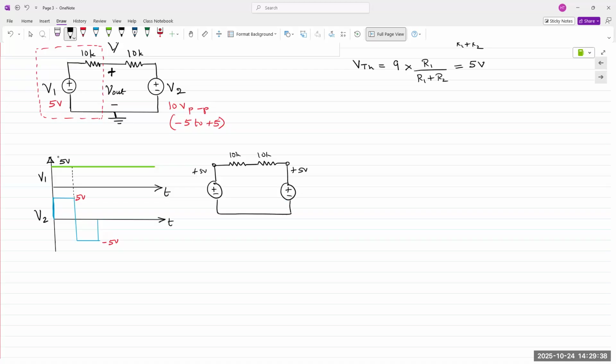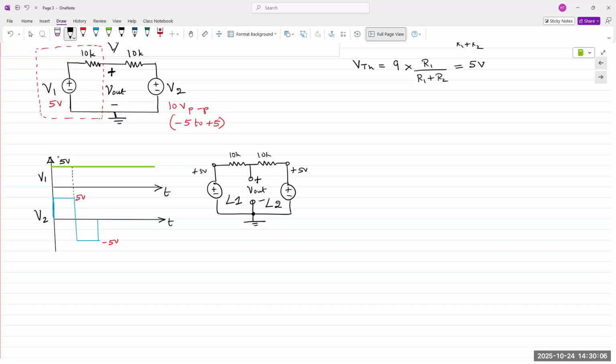That plus 5 volts is with respect to the ground point right here. This is V out. Let's call this loop 1. This is loop 2. So that point on the left is at plus 5 volts. The point on the right is also at plus 5 volts.